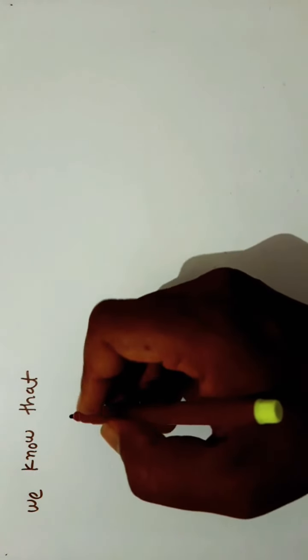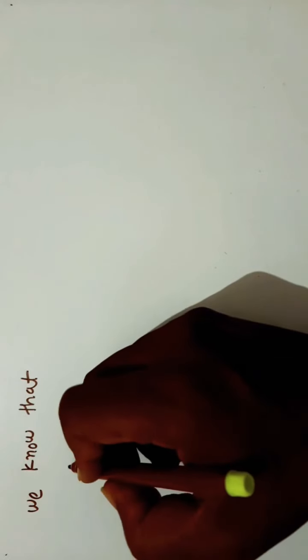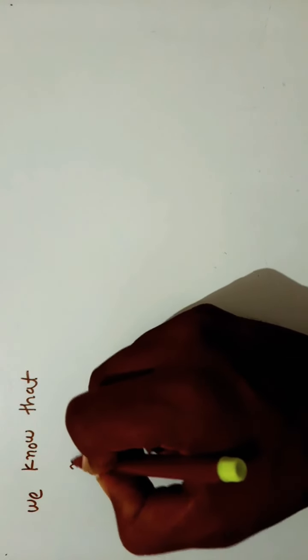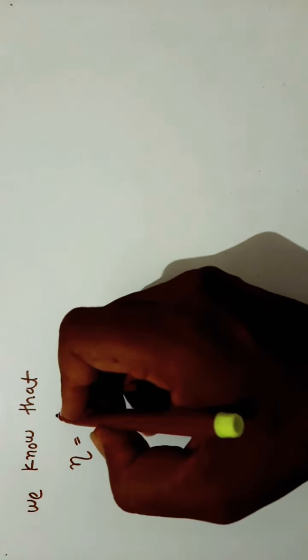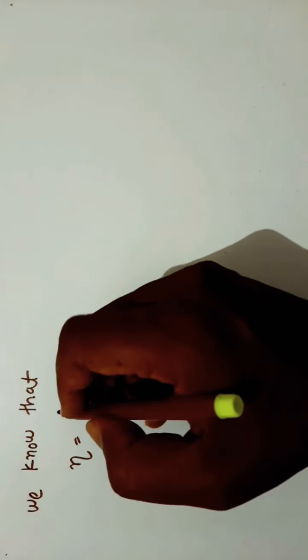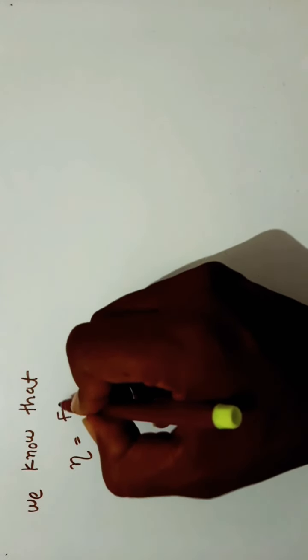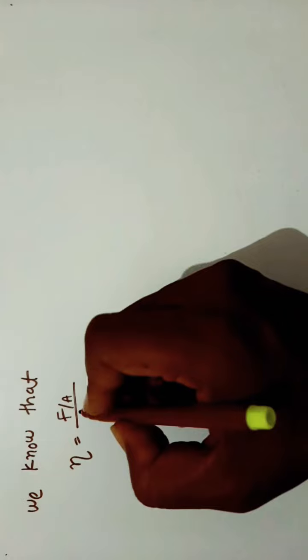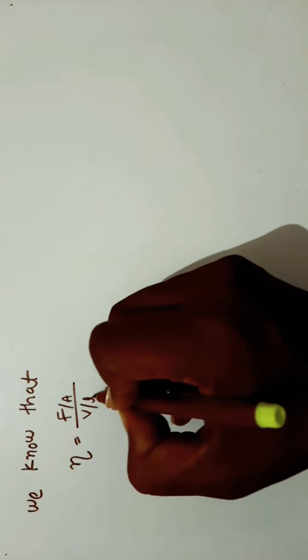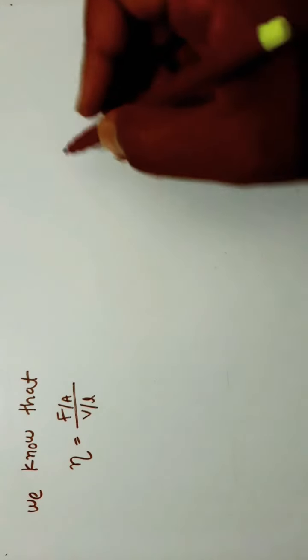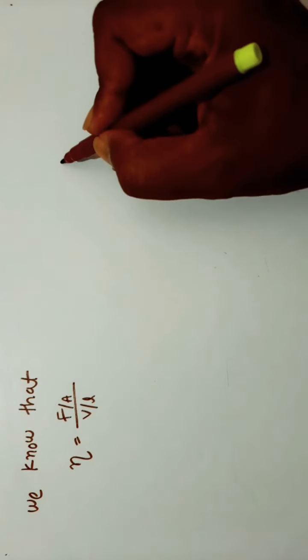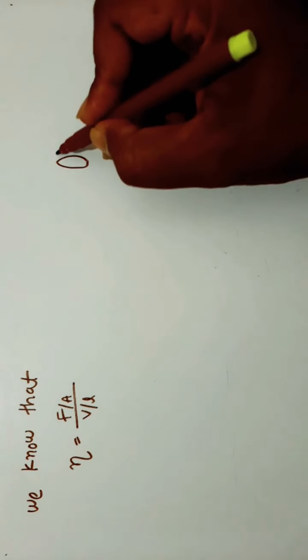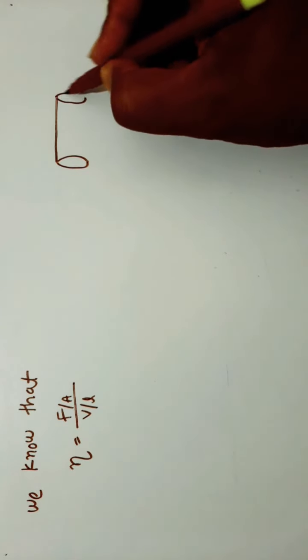We know that coefficient of viscosity eta is equal to shearing stress by strain rate. So that is F by A by V by L. Here the fluid flows through a pipe.